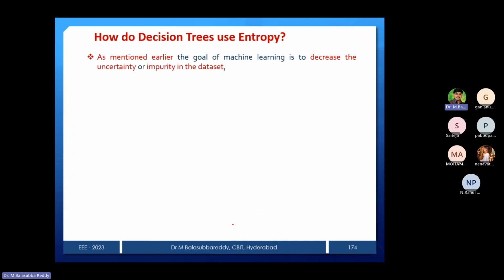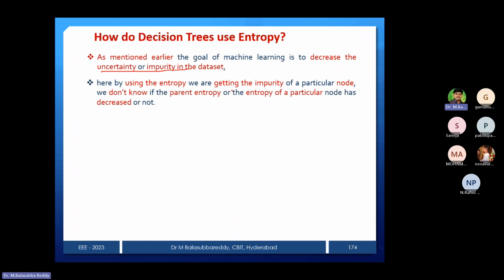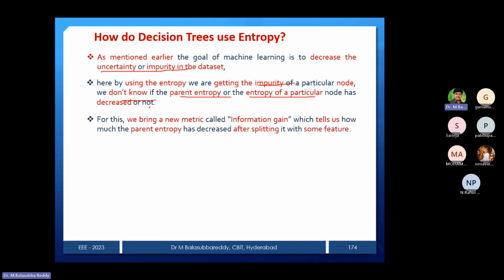As mentioned earlier, the goal of machine learning is to decrease the uncertainty in a data set. Using entropy, we get the impurity of a node. But you don't know whether the parent entropy or the entropy of a particular node has decreased or not.